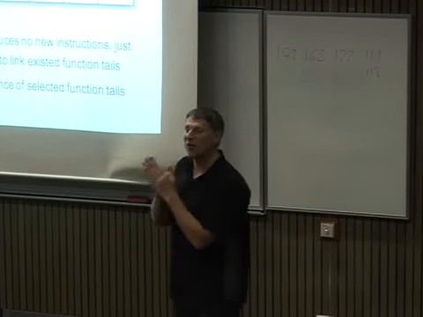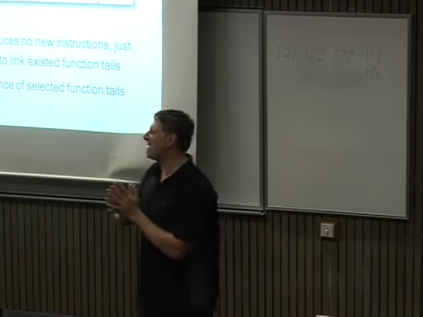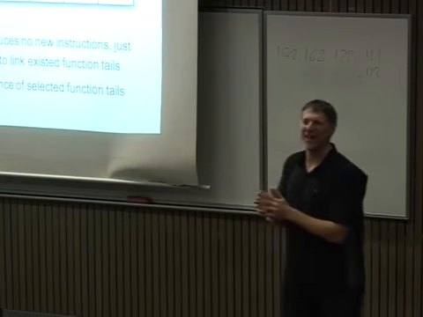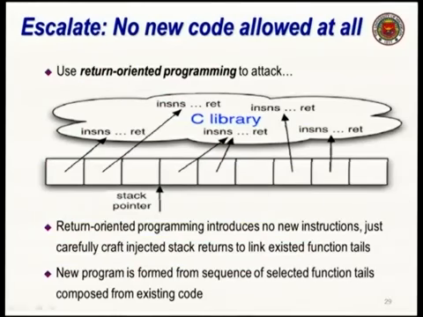They built a Turing-complete machine out of the tails of functions. What does that mean? That means they can implement anything that they want to on that machine. They have a full programming language. So this will give you a sense of this climbing the arms race ladder. You think nobody can put code into your machine? We don't need to put code into your machine.